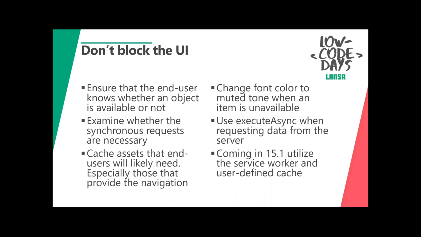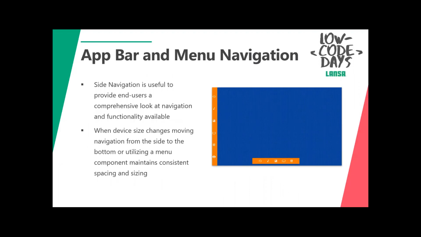we can have a better user experience for our end users, whether they be internal or external. So the first thing that I wanted to talk about is app bar and menu navigation. So for me, and a lot of people don't always do this, when we're looking at progressive web applications, we know that we're able to have something for your desktop as well as your mobile applications.